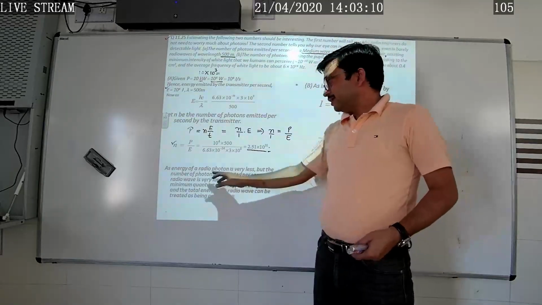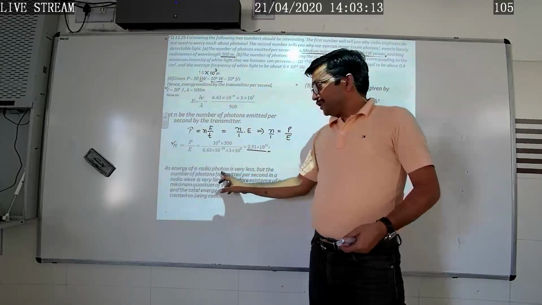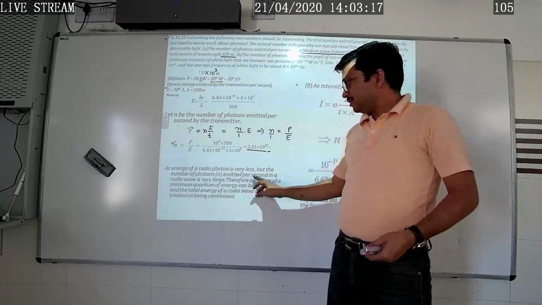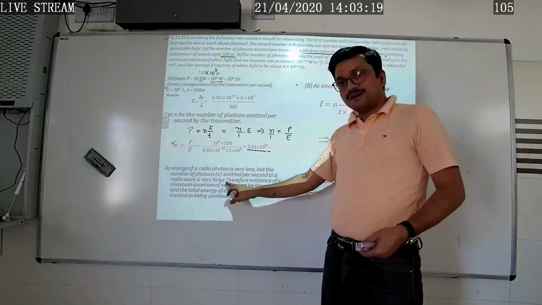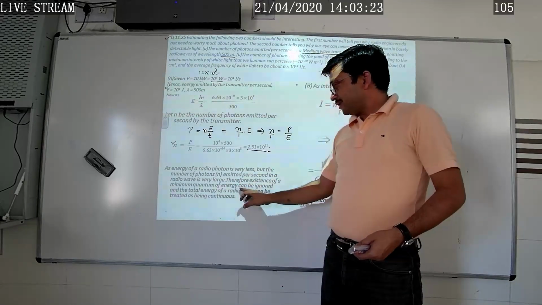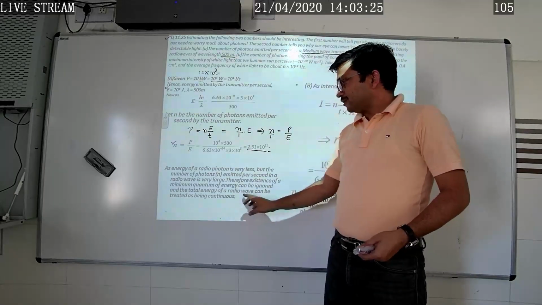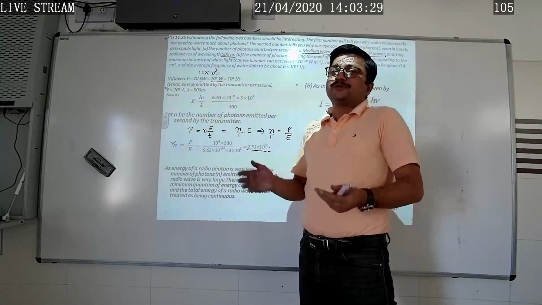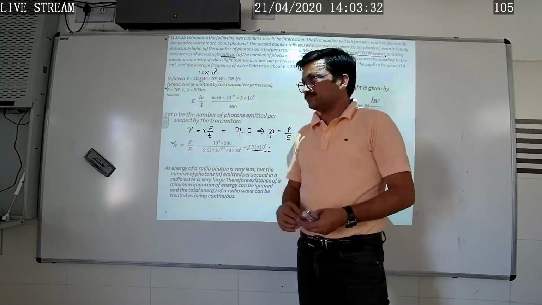So the existence of a minimum quantum of energy can be ignored, and the total energy of radio waves can be treated as being continuous. So that's why radio engineers do not bother about these photons.